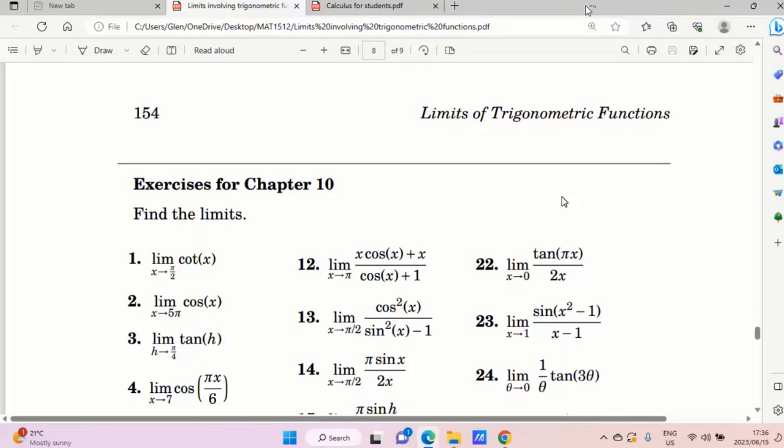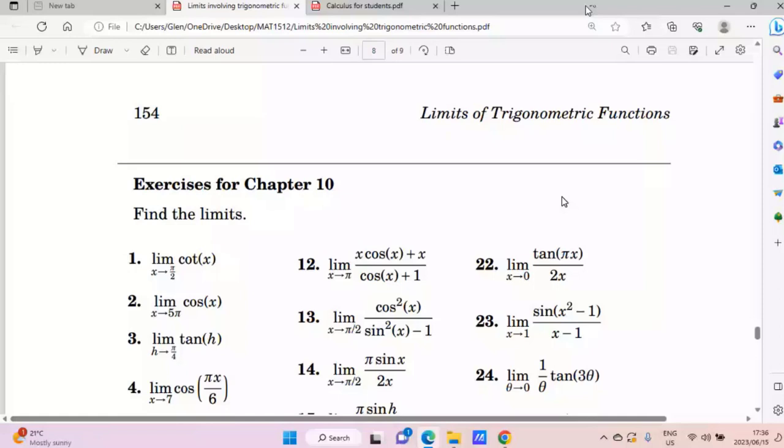Yes, I'm listening. I heard your method, but I wanted to ask something. In my method, I didn't multiply by pi. I took the limit of cos of pi x over 6 as x approaches 7, so cos of 7 over 6 pi.